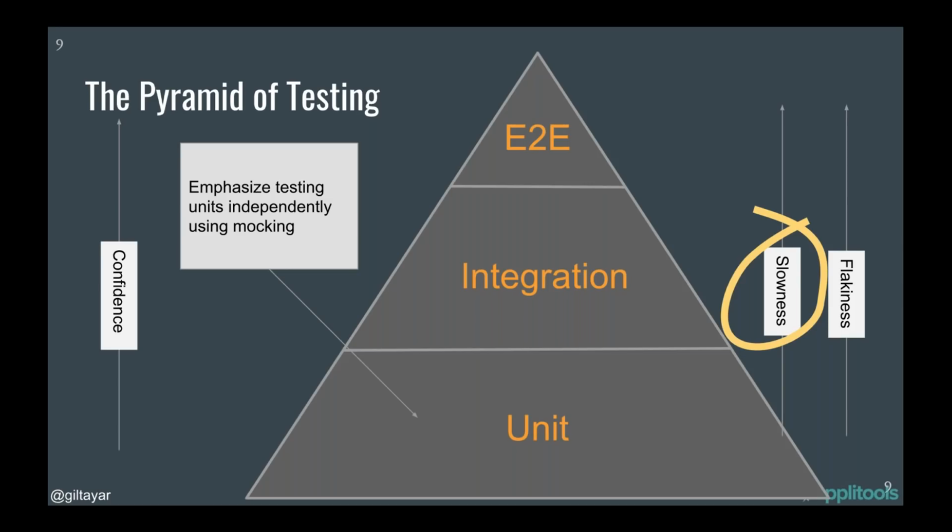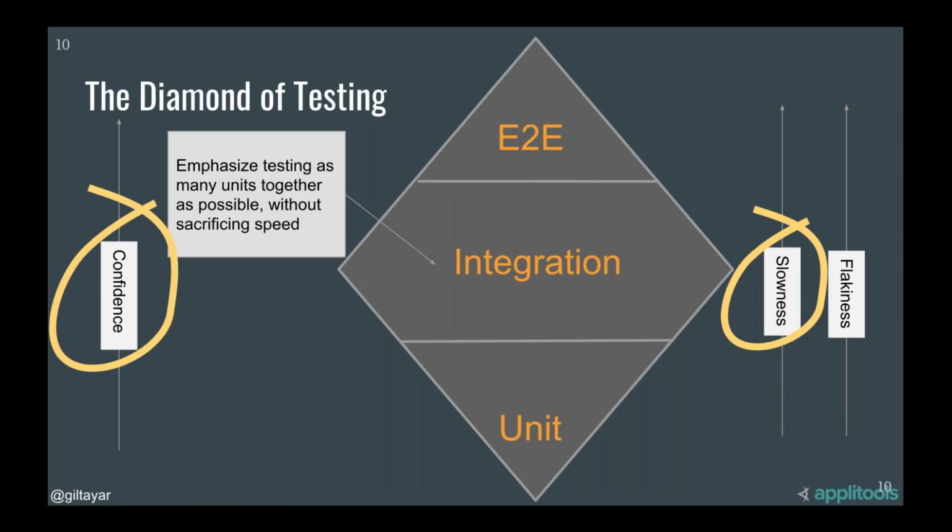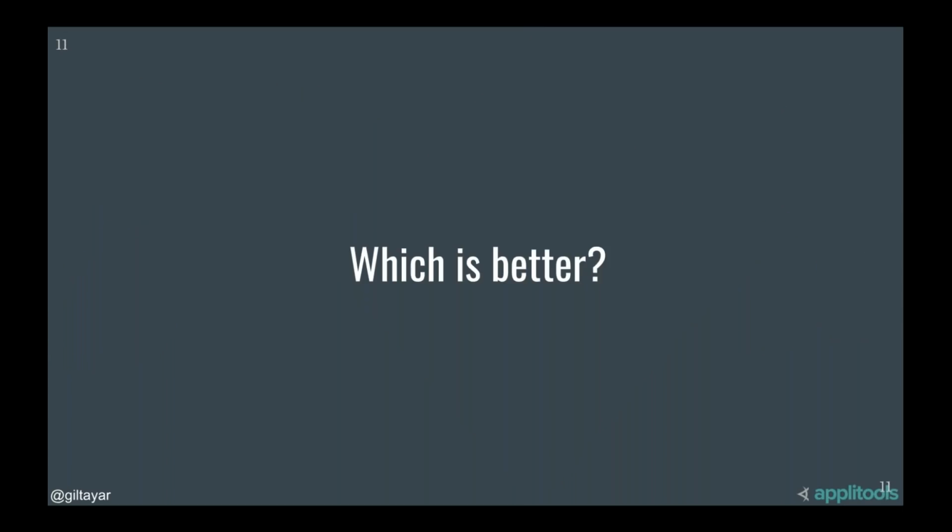It sacrifices confidence for speed. The diamond of testing still believes in unit testing, but most of it is integration testing. It sacrifices some level of speed for more confidence. It tries to make those integration tests not as fast as unit tests, but fast enough, but it definitely sacrifices speed for confidence.